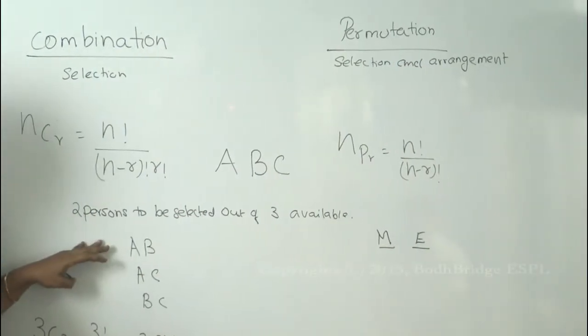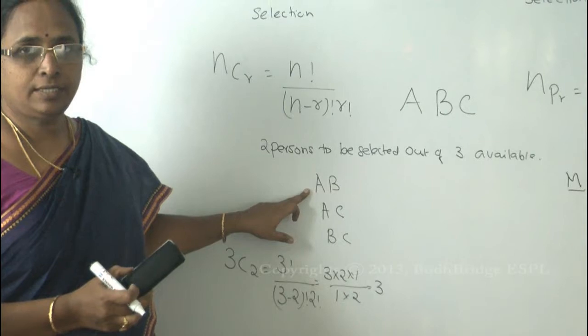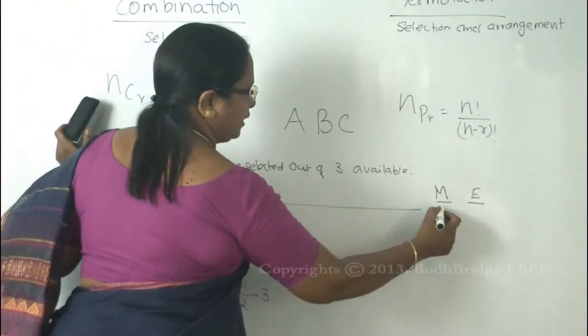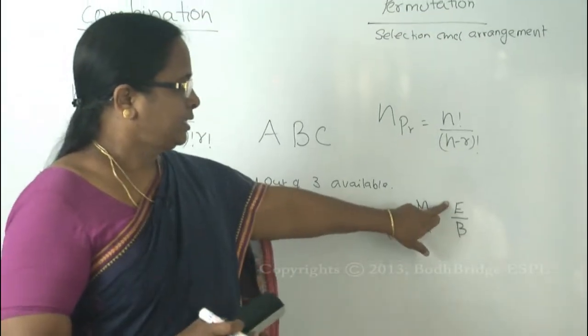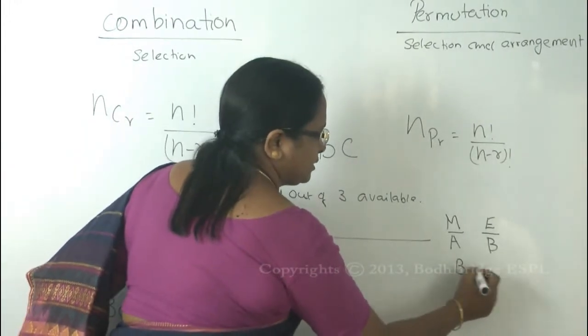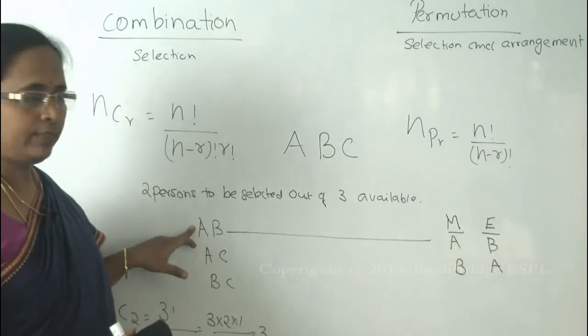In permutation it is selection and arrangement. The selection is already over, so you can take one of the selections and try to arrange it. If I take this AB, let A write the math exam and B the English exam, or you can interchange this as B writing math and A writing English. So for one selection you have 2 ways of arranging.